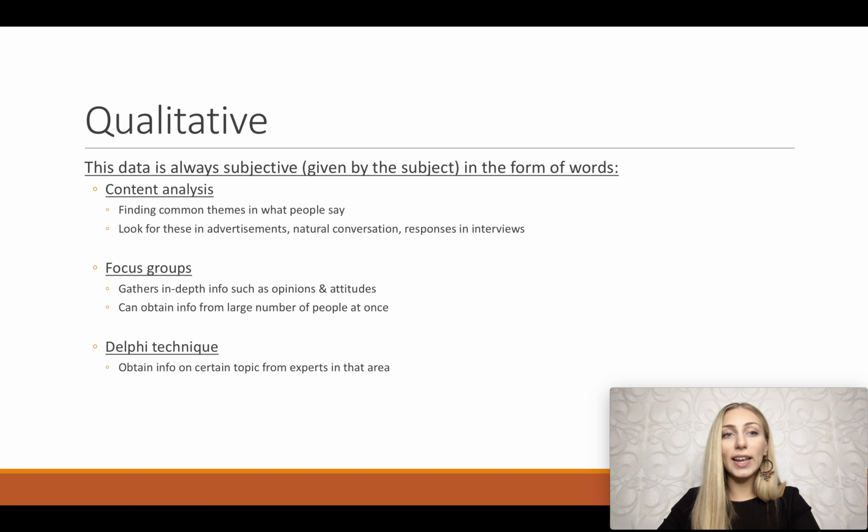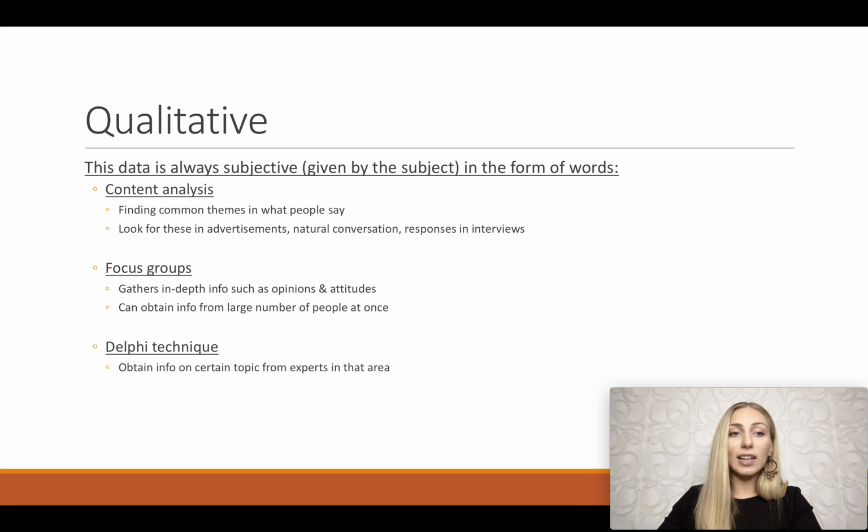Okay, the last one is qualitative data. So this data is always subjective and it is given in the form of words. So we are not looking at numbers anymore, we are looking at words. So this can be content analysis, so finding a common theme in what people say. It can be given in a focus group setting, and it can be given in a Delphi technique setting.